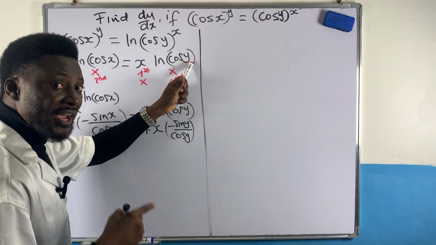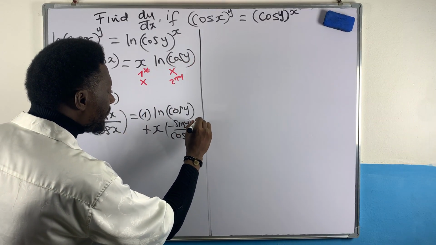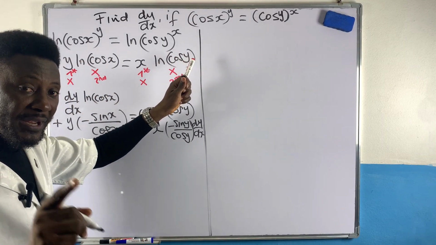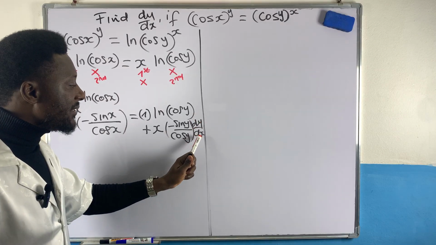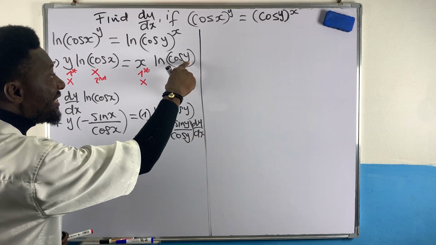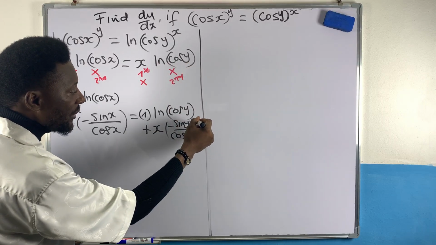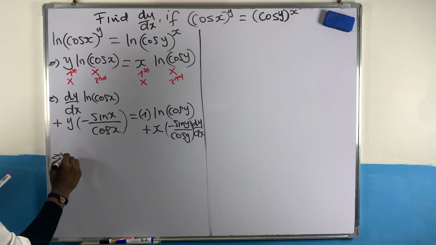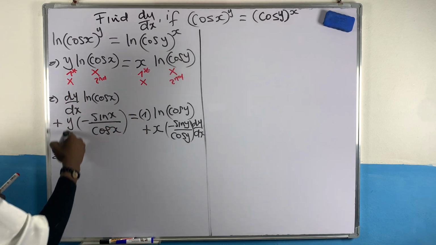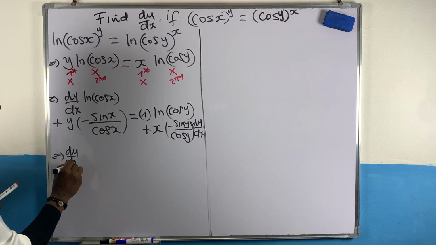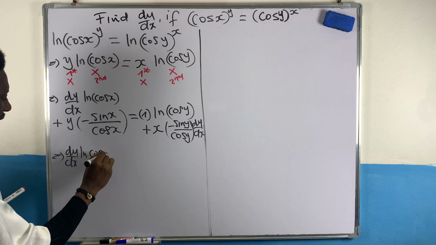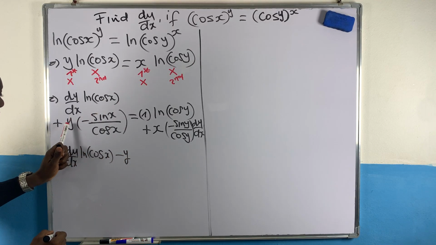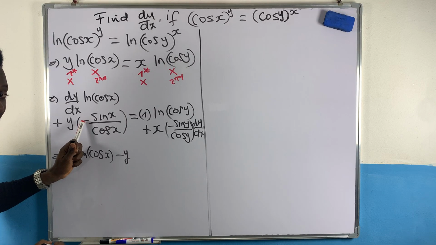But since this variable is y, it is not x, we have to multiply it by dy/dx. So each time you are differentiating y with respect to x, you must add dy/dx. Take note of that, because this is not cos x, it is cos y. So on the left hand side, I have dy/dx ln cos x minus y, with the minus coming from the negative sign in this bracket.